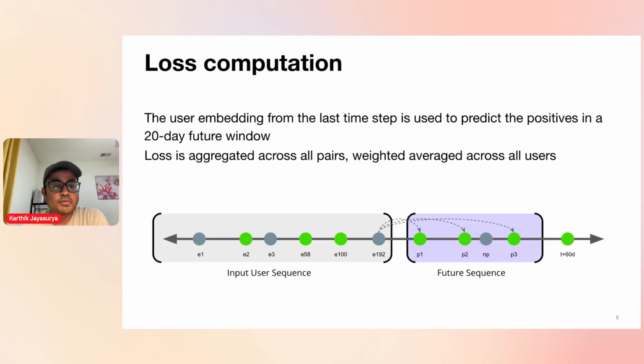And for each arrow, we would compute a loss. And this loss is aggregated across all the pairs that are shown by these dotted arrows, and then across all the users with a weighted average to account for the fact that different users might have different sequence lengths. So essentially, we would get one loss value across the whole set of user sequences.